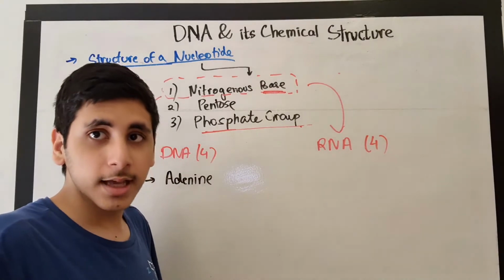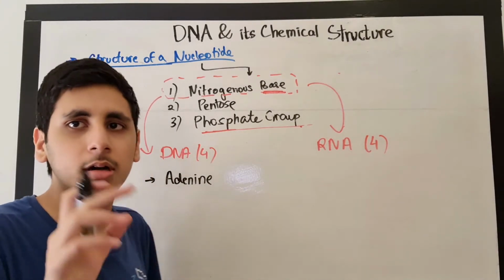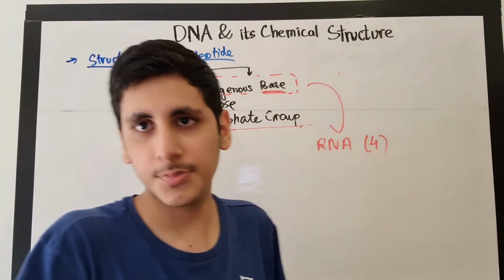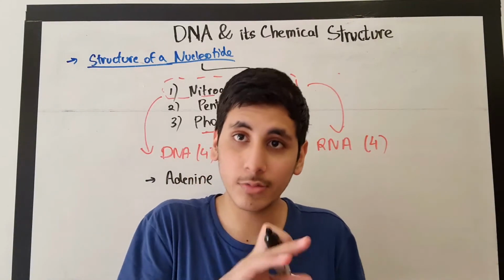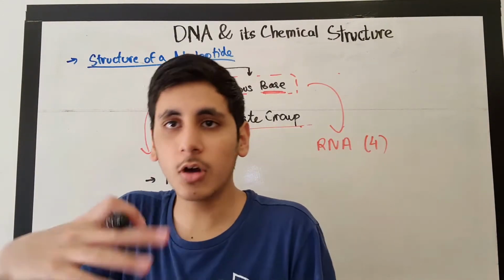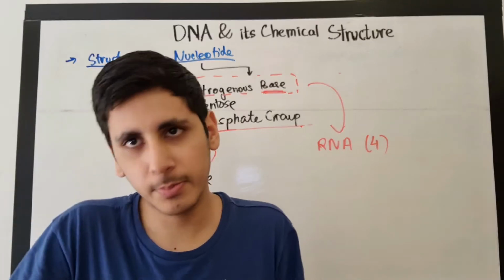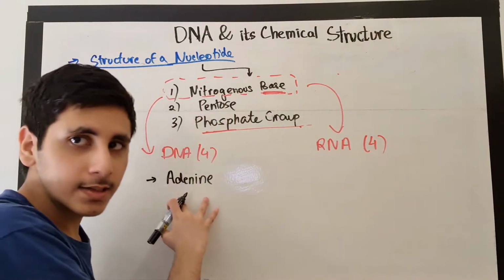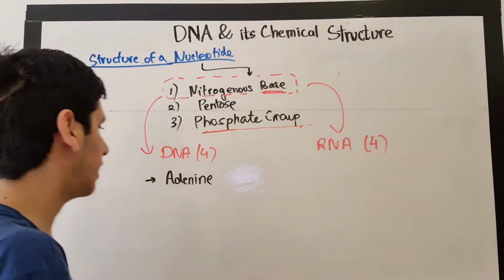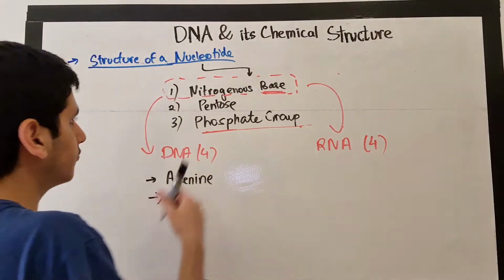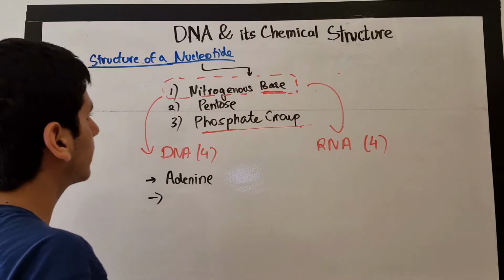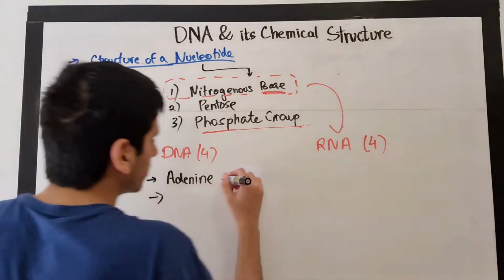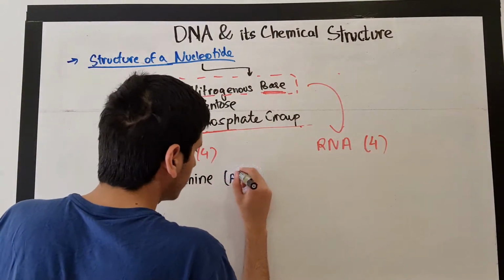Adenine is a very important component of ATP, which is why we call it adenosine triphosphate. We'll talk more about adenosine and the role of adenine in synthesizing ATP later. Right now, in terms of DNA, we refer to adenine as A.